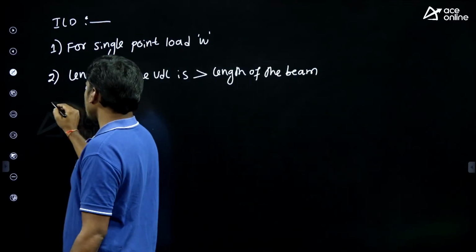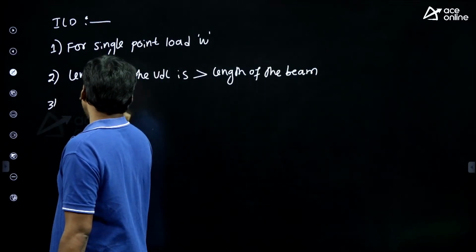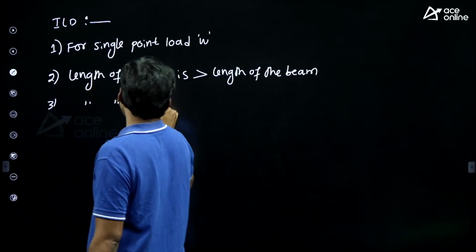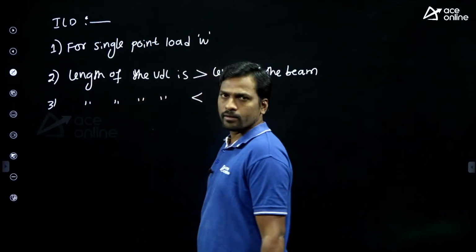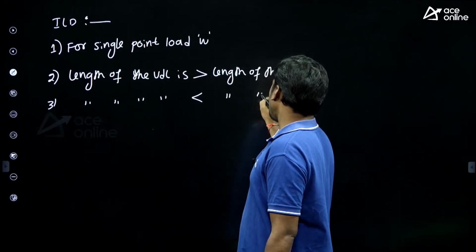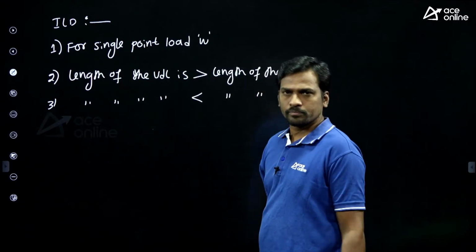And what is case 3? Same, the length of the UDL is shorter than, that is less than, the length of the beam.